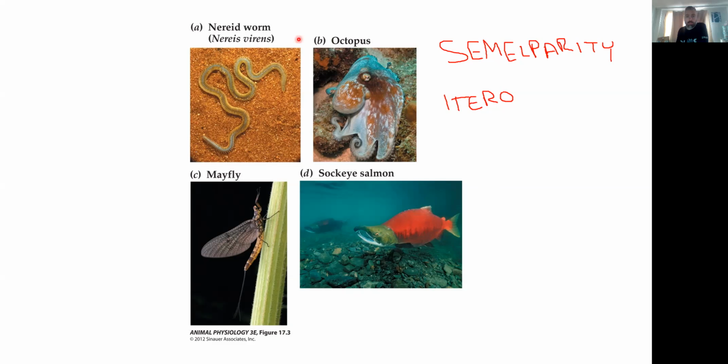Octopi, most octopi are semelparous, things like salmon, but they're only going to undergo one reproductive season. The cost of reproduction is so high that they just generally don't survive it. Now, that's not to say they never do. Some salmon, not very many, but some salmon do survive past their first reproductive season, but generally speaking, the idea is that they end up dying in the process of doing that.